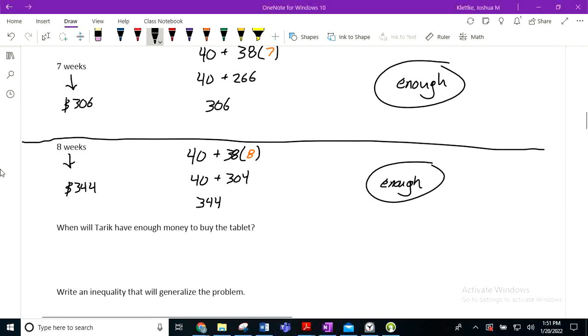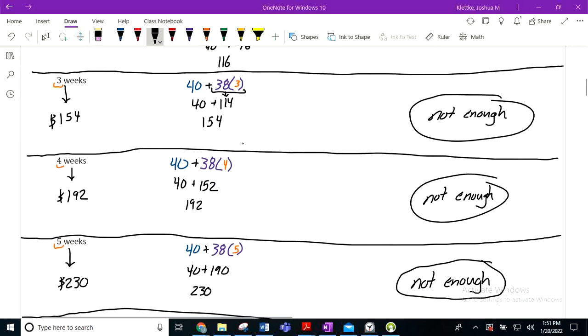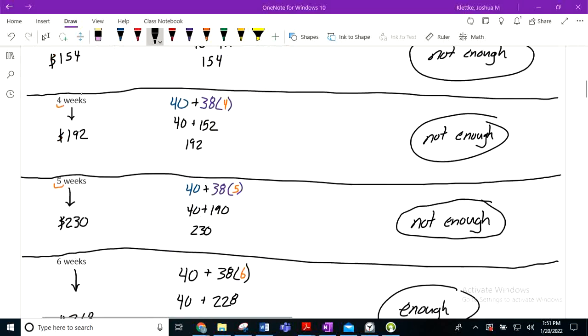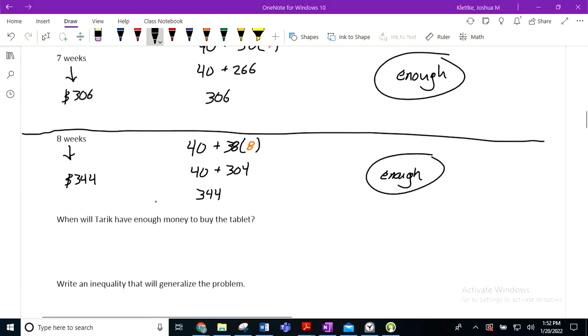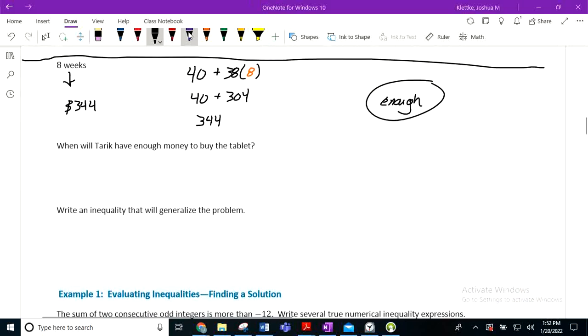So if we look back, he didn't have enough money up until 6 weeks. Once after 6 weeks went by, he got that other $38 for his allowance. Then he had enough money. So we will say that he had enough after 6 weeks.